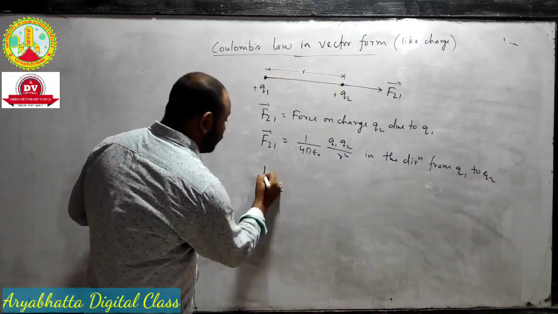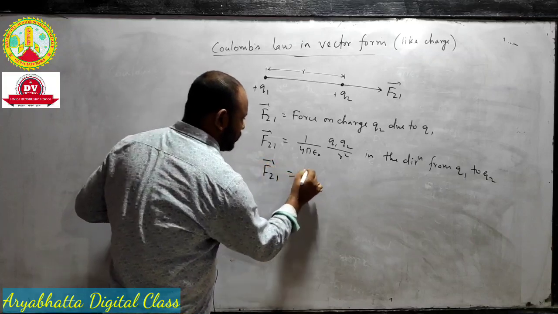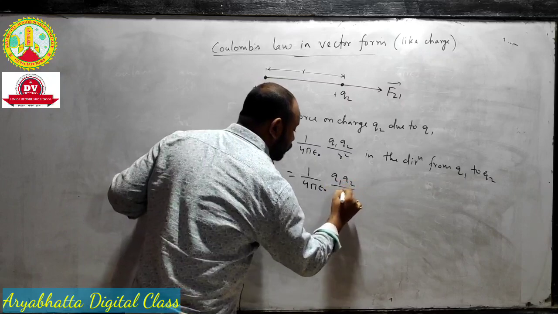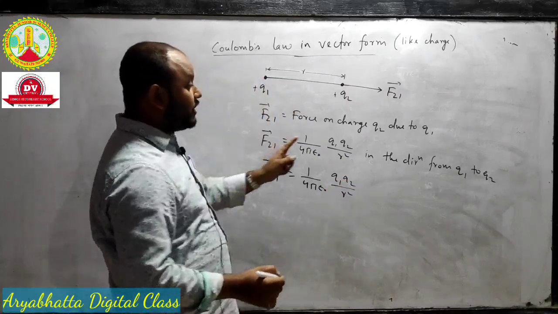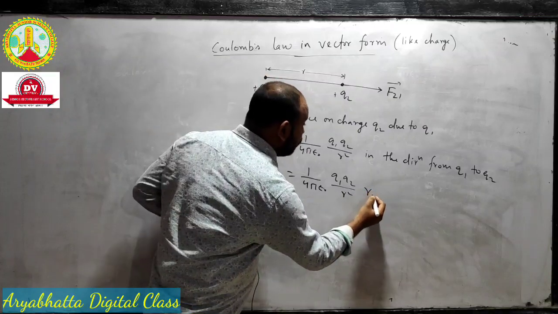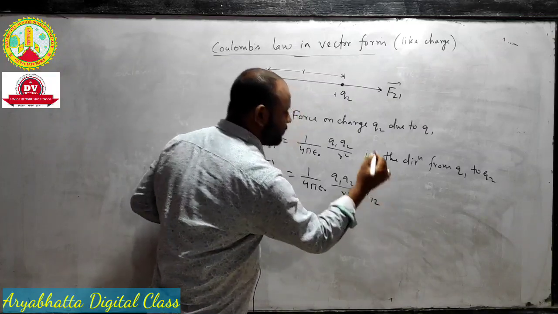Or we can write it like this also: 1 by 4 pi epsilon naught Q1 Q2 by r square. The direction from Q1 to Q2 is also represented by the unit vector r12 cap.